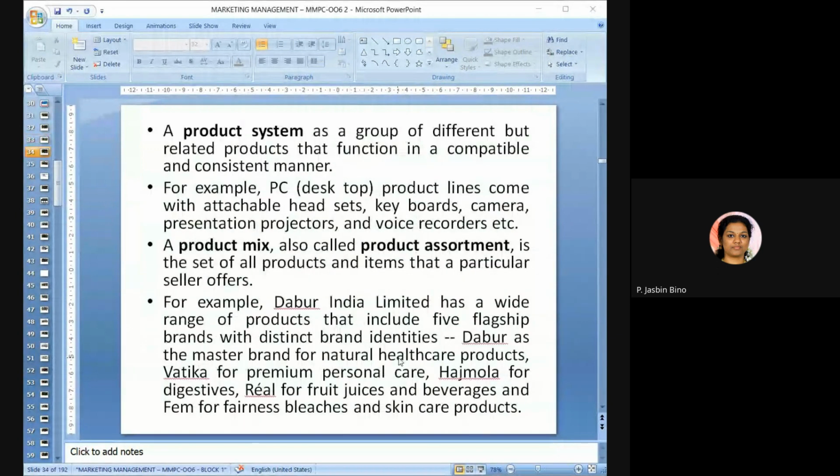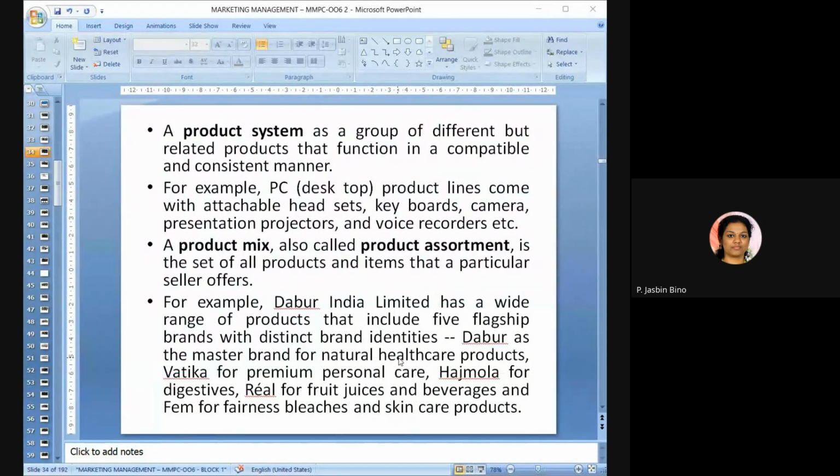A product system is a group of different but related products that function in a compatible and consistent manner. For example, desktop PC product lines come with attached headsets, keyboards, camera, presentation projectors, and voice recorders. This is a product system.